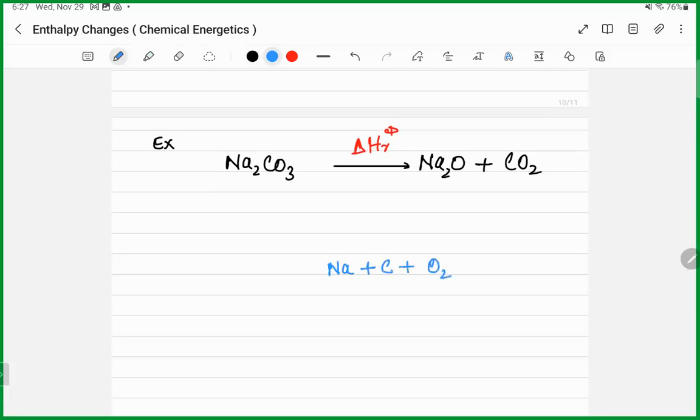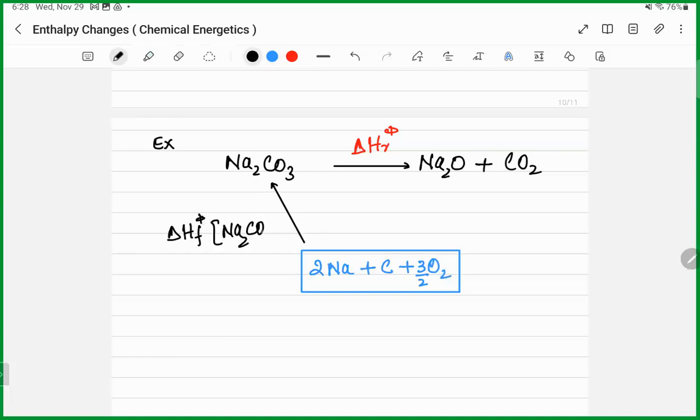Let's balance by looking at one side. So on the left hand side, you have 2 sodium, 1 carbon, and 3/2 O2. These are the elements involved. And when these elements combine to form this, this is called enthalpy change of formation for Na2CO3. On this side, you have two formation values involved.